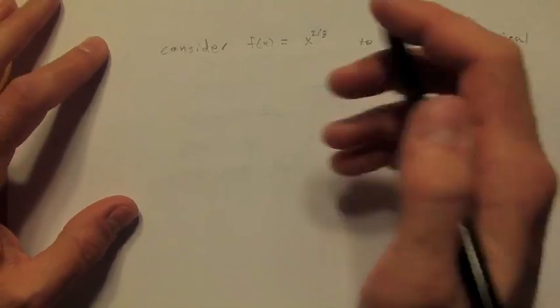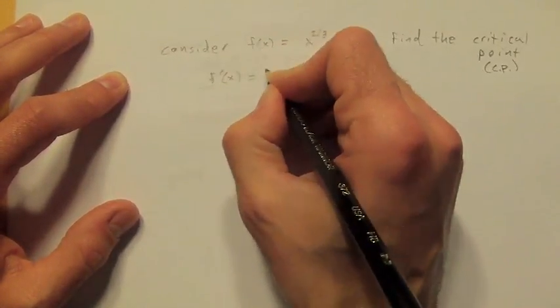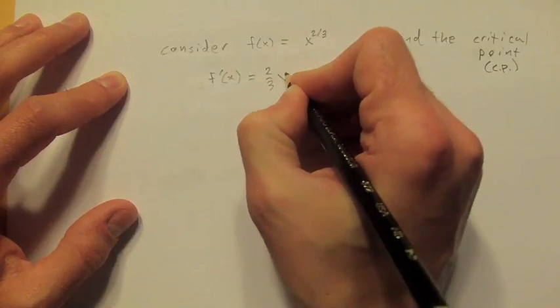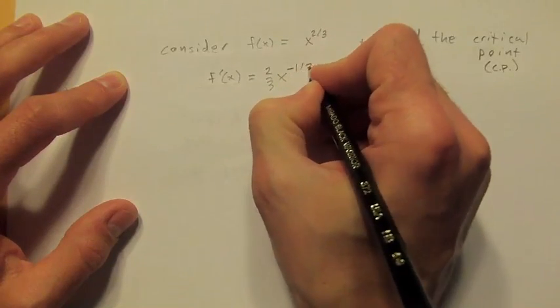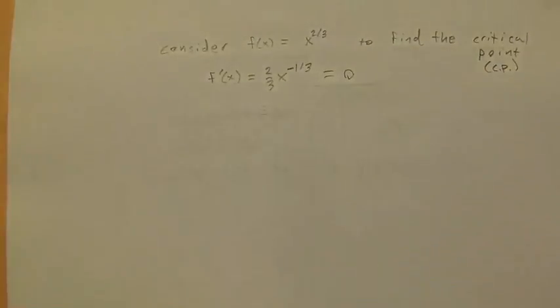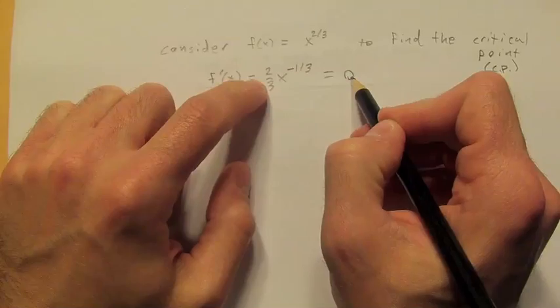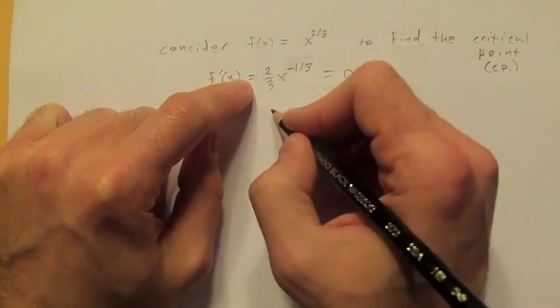To find the critical point, basically find the derivative, which will be 2/3 x to the negative 1/3. I'm going to set this equal to 0. But here's the thing. First of all, I could multiply both sides by 3/2 to get rid of that constant.